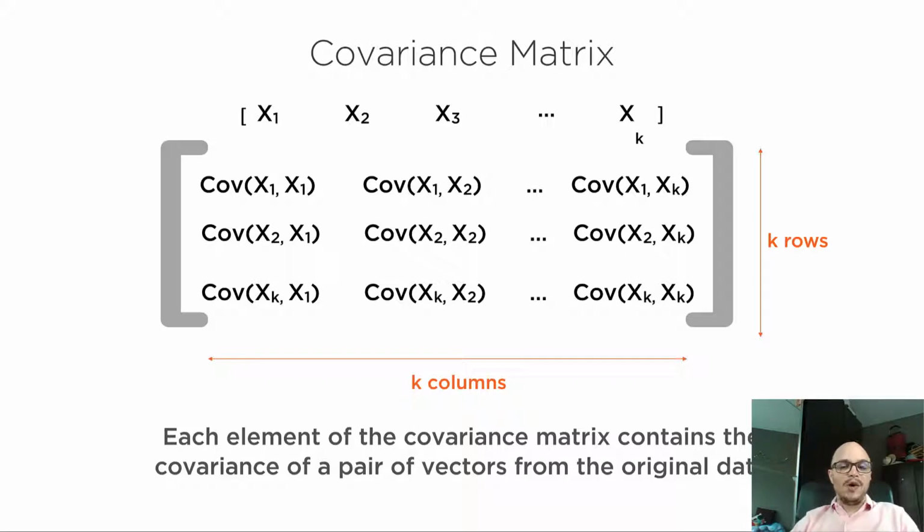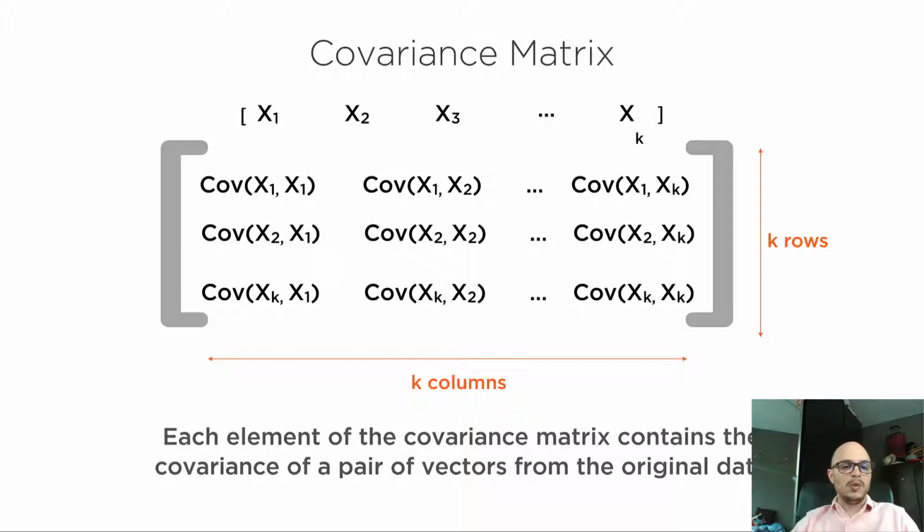This is true for all of the other rows as well. The last row contains the covariance of the last column xk, that is the last variable, with each of the other variables including itself.